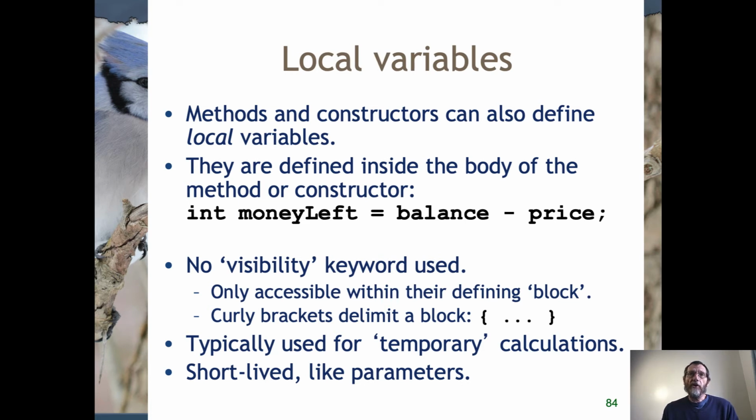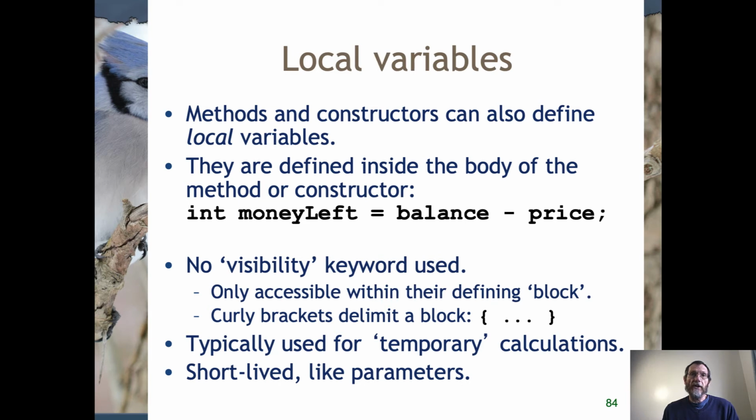So methods and constructors are both able to define what are called local variables. A local variable is defined inside the body of the method or constructor. So inside the opening curly bracket and the closing curly bracket, nested inside the body of the method or the constructor.